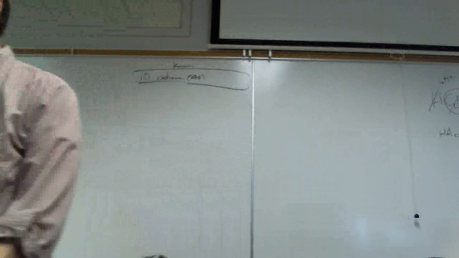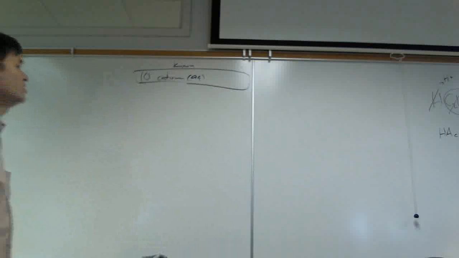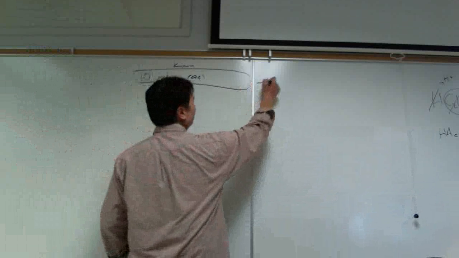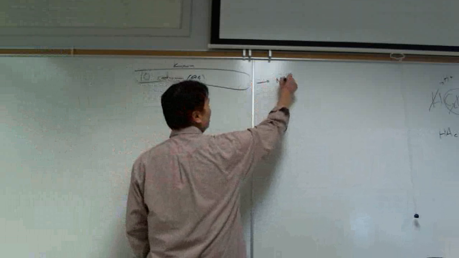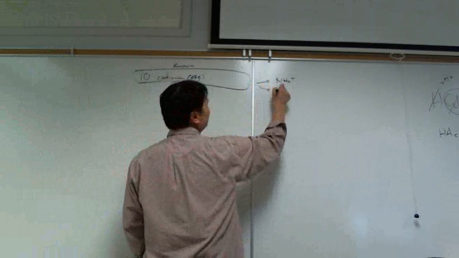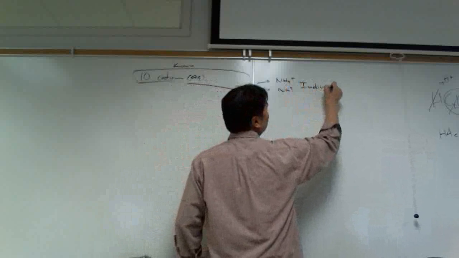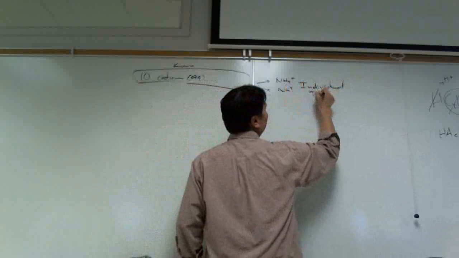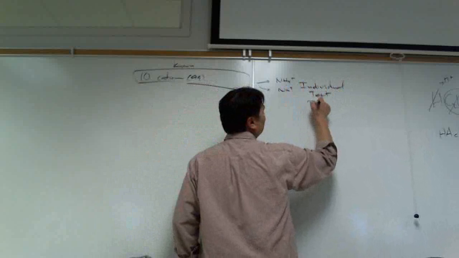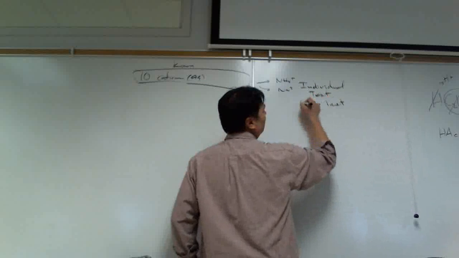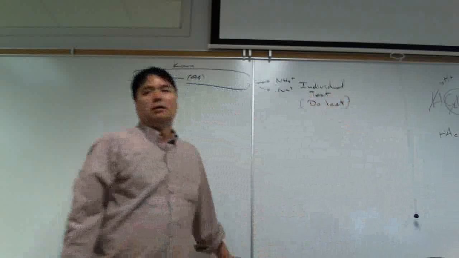Acid base, nothing. And so what we're going to do is separate it into 3 samples. One, we're going to test for ammonium. Another, we're going to test for sodium. These are individual tests. Individual tests are short, and these can be done last. For the other 8 cations, we're going to do the qualitative analysis scheme, similar to what you might have done in Chem 4.